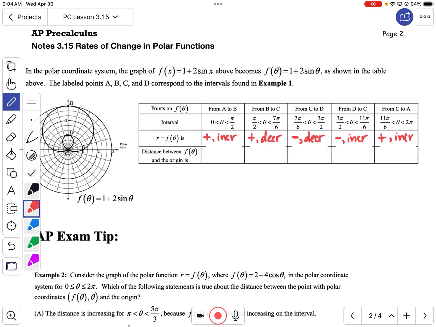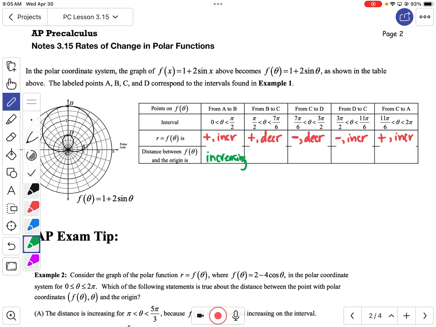All right. Now let's use what we know about the origin. If I have the same descriptor, the distance is increasing. If I have opposite descriptors, then the distance is decreasing. And that's what it's going to ask me. So we can use this chart to help us answer that question, what's happening to the distance from the origin? So positive and increasing, that would be the same descriptor. We would say the distance is increasing.